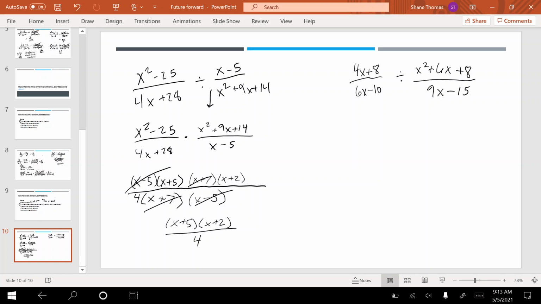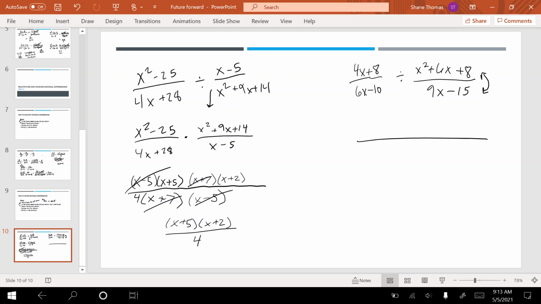All right, so we're going to flip that second one as we go. Now, what I like to do, instead of rewriting it, is factor it and then just place it, if you're all right with that. So this one here is going to be flipped. So I'm going to go ahead and make my giant fraction.